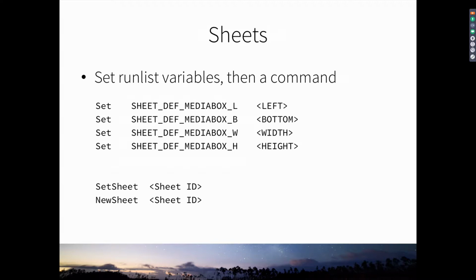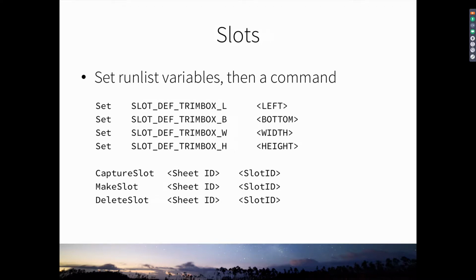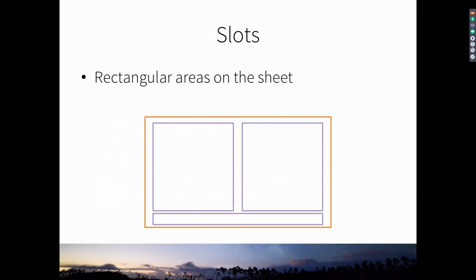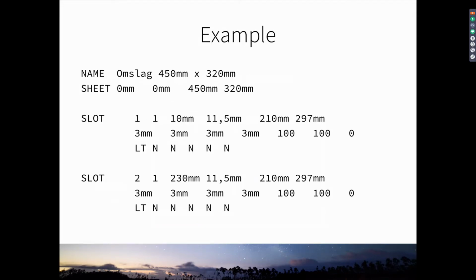And the theory is exactly the same for slots. In a slot, you have a whole list of variables that define all of the properties of the slot. I show you 4 of them here for the trim box, but if we go back to here, there are variables for each aspect of the slot.